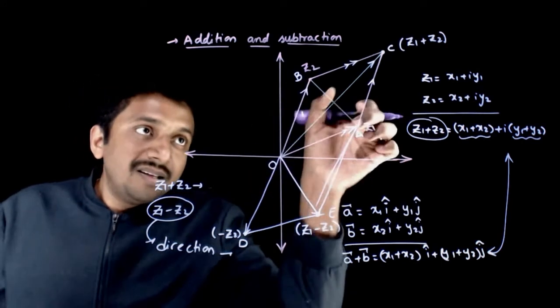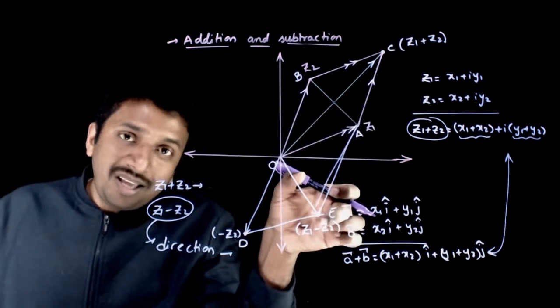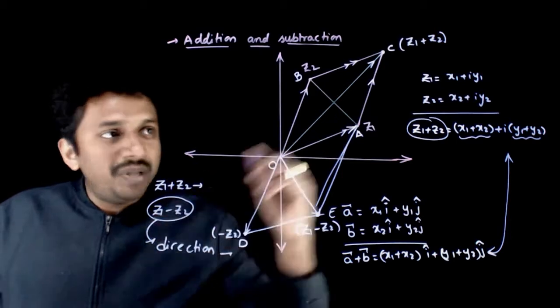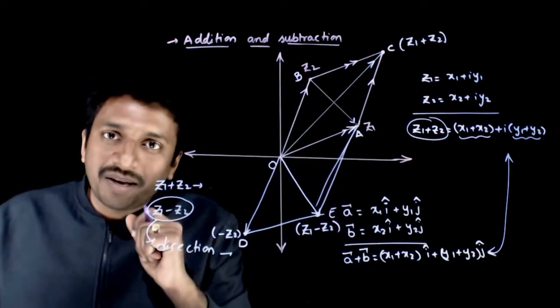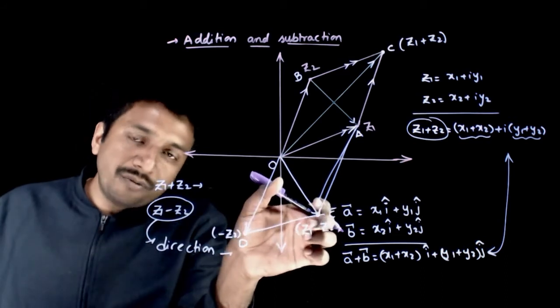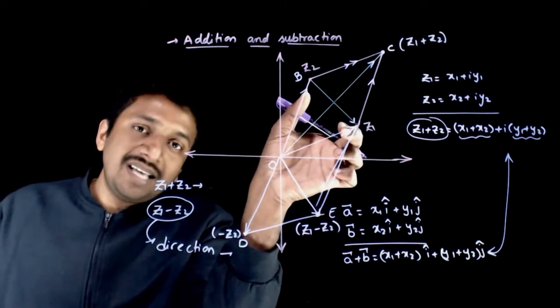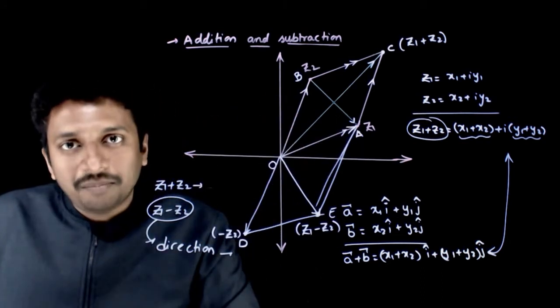Now, OE is exactly the same as BA. So OE bar is exactly the same as BA bar. So the direction of OE bar is exactly the same as the direction of BA bar.